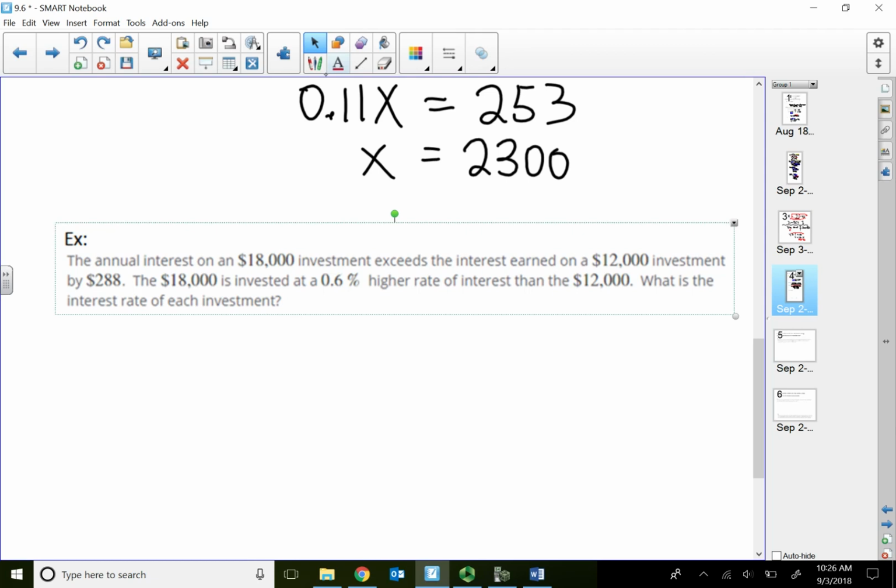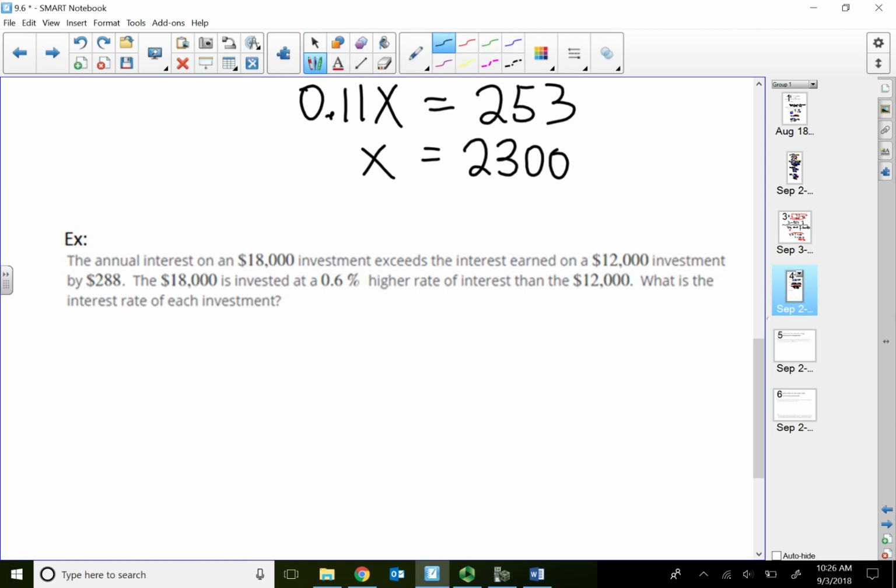This problem is very interesting because it doesn't say first account, second account. It tells me right away I've got two accounts. One of them is invested at $18,000, the other at $12,000. So I already have my principal, the investment in each account. What we are translating here is the interest rate.